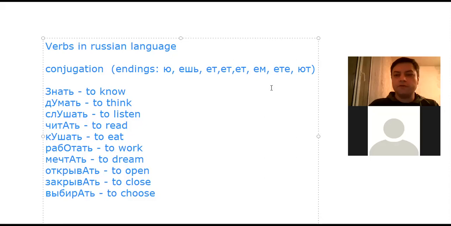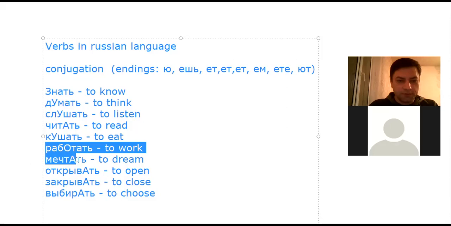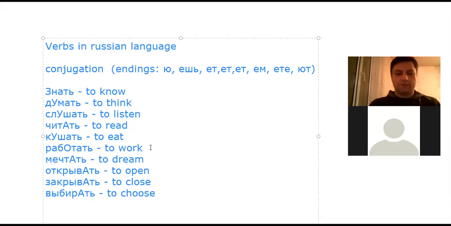Just for the sake of improving vocabulary, some of those verbs are made from a noun, specifically these two. If you take away the ending ть, you get another word, работа. Работа means work. It's a noun.